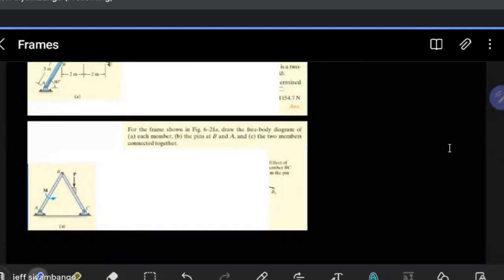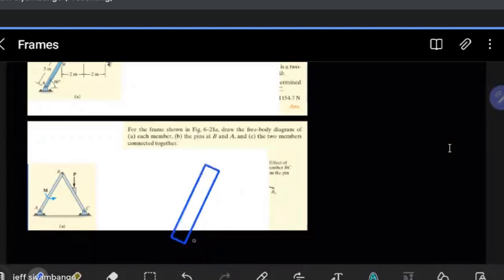So we'll draw the member A to B on its own. So you're only drawing the outline of the member, all the way until it ends. Okay, something else is coming out. Okay, not really working. Try to draw it as something like this. Okay, so this is one part.